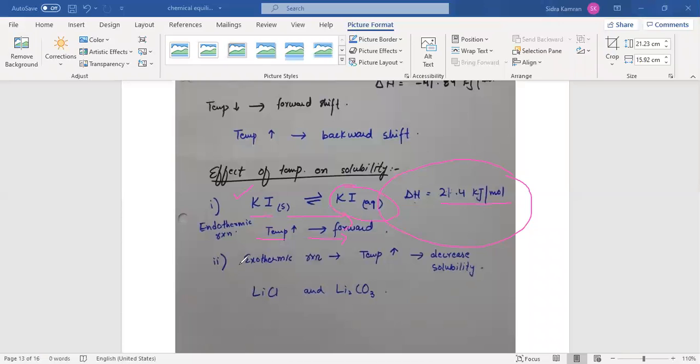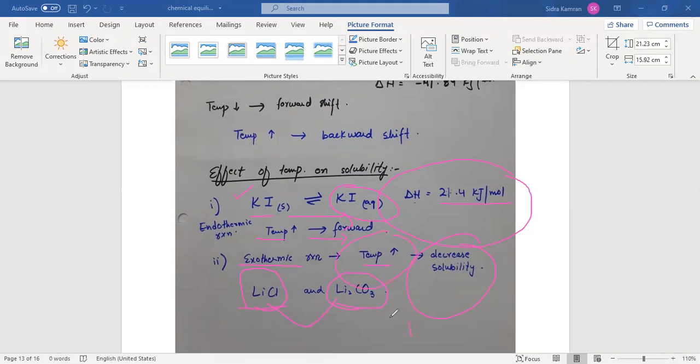If the reaction is exothermic and you have increased the temperature, solubility will decrease. That substance will not be soluble, like lithium chloride and lithium carbonate. Their solubility will decrease if you increase the temperature.